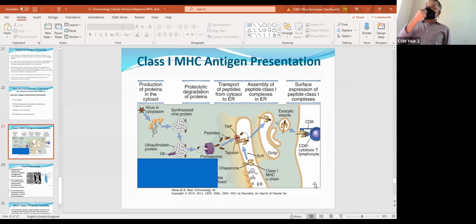So if they see missing class 1 MHCs, they will kill the cell. So even though a cytotoxic T cell cannot kill that cell because there's no MHC, a natural killer cell, as a backup, will come and kill it because there is no MHC. Okay? All right, so we have two more questions.